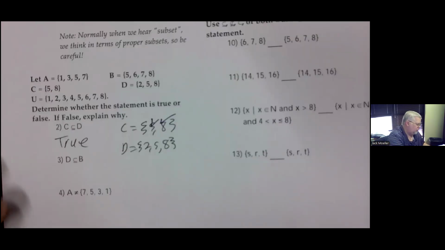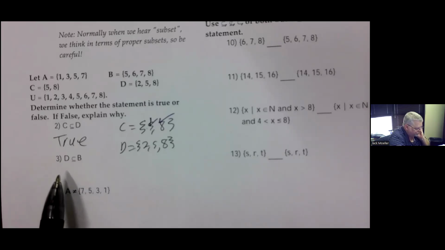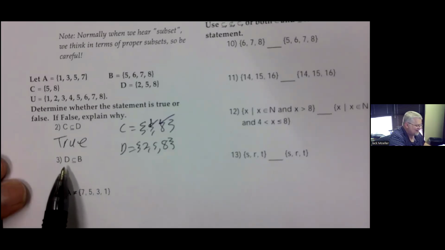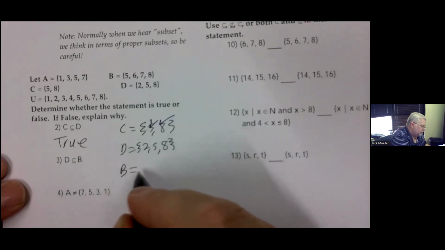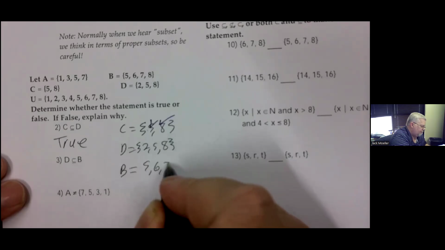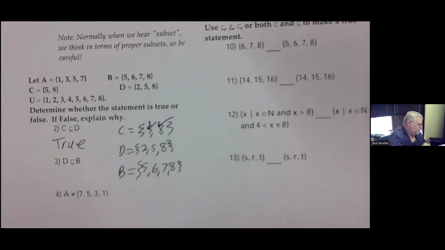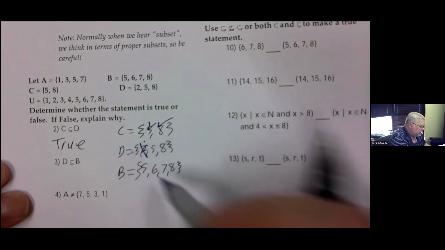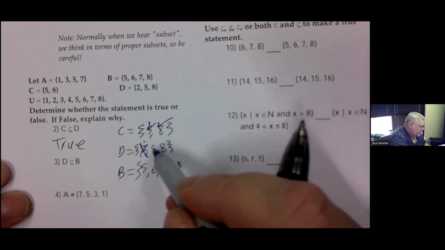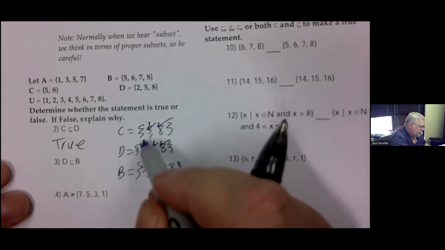All right. What about number 3? Is D a subset of B? That's saying, is every element in D in B? Well, we already have D written. B is 5, 6, 7, 8. So the problem right off the bat, 2 is not in B. 5 is and 8 is, which is fine.